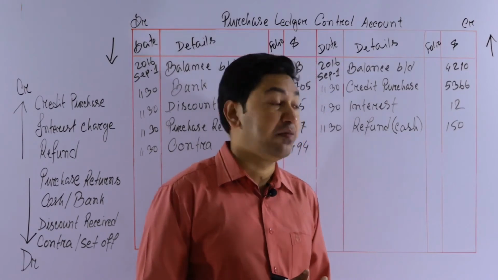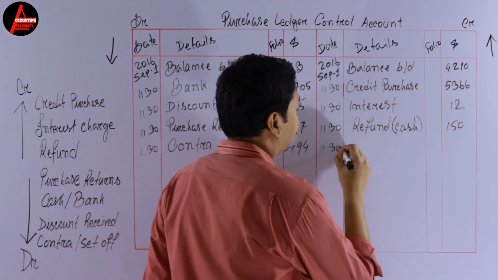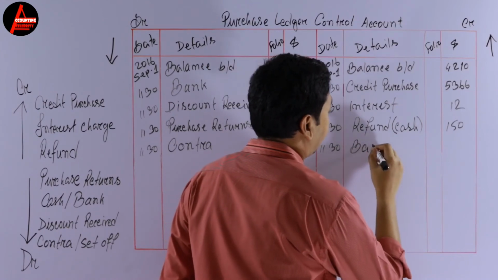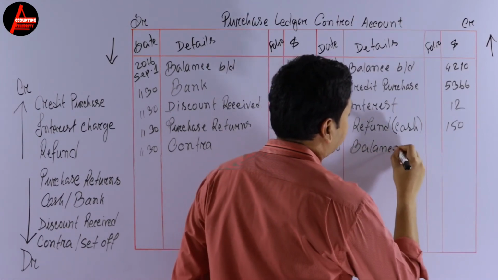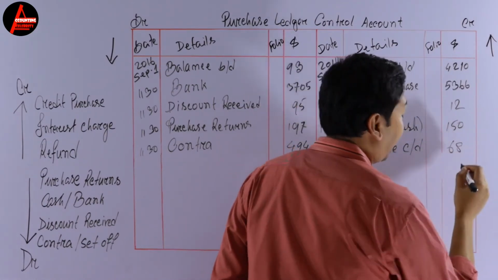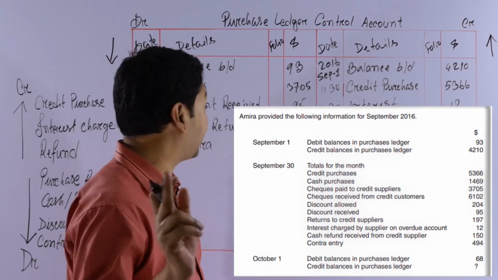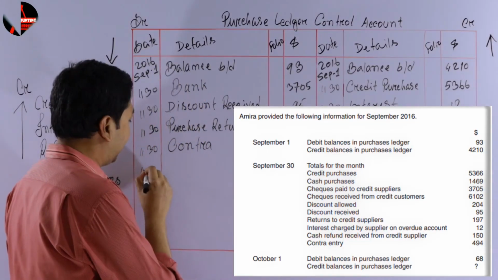Okay, so debit balance will be recorded on the credit side. Yeah, so let us write closing balance means balance CD. Yeah, get it down. So it is 68, and here the credit balance in purchase ledger question mark, so that one we need to calculate.